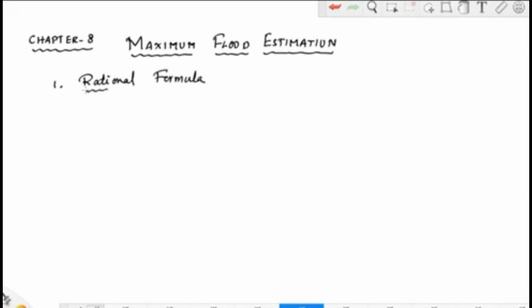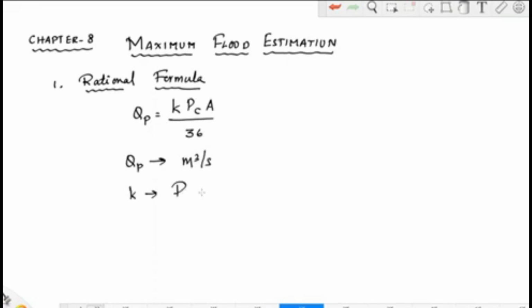So rational formula: QP is equal to K PC into A divided by 36. QP is peak discharge in meter cube per second. K is runoff coefficient. PC, design rainfall intensity.